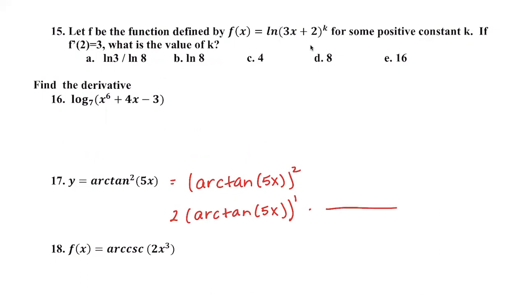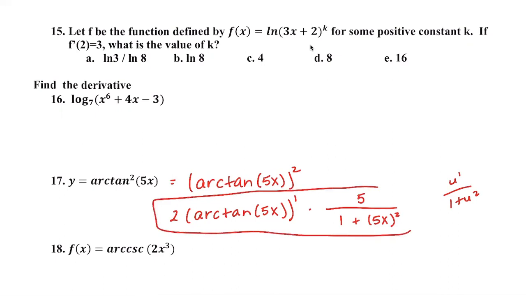Is it secant again? No. It's u prime over 1 plus u squared. So what would your u be in this case? 5x. So on the bottom, we're going to have 1 plus 5x squared. Make sure you put parentheses around that. And then the derivative of that u is going to be on the top, which would just be 5. And that's your answer.